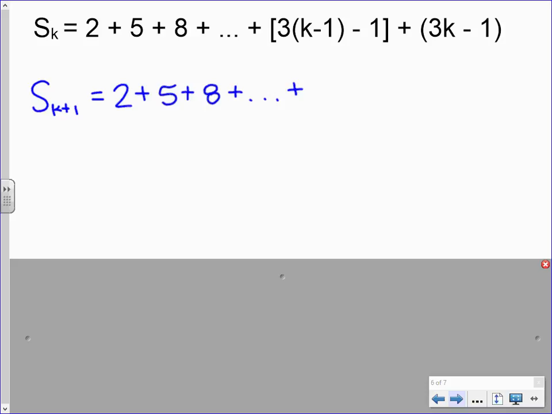Here, we have 3 times k minus 1 minus 1. If we're looking at the k plus 1 sum, what happens to this k minus 1? K plus 1 minus 1 is essentially what it is, which is going to go to k. So what we have is 3k minus 1. Here, when we replace k with k plus 1, we have 3 times k plus 1 minus 1.